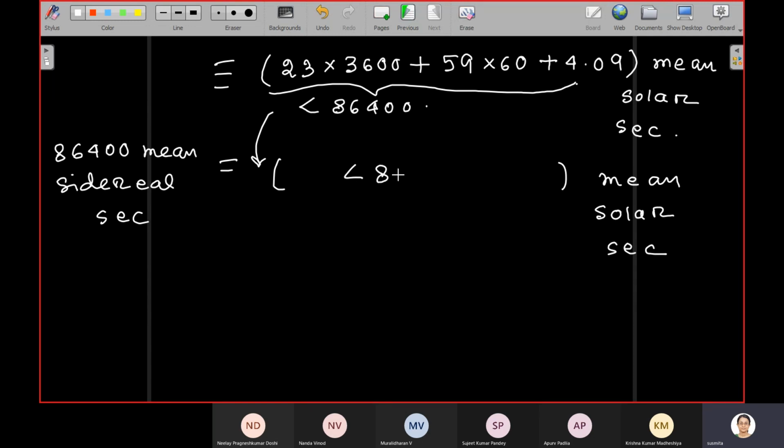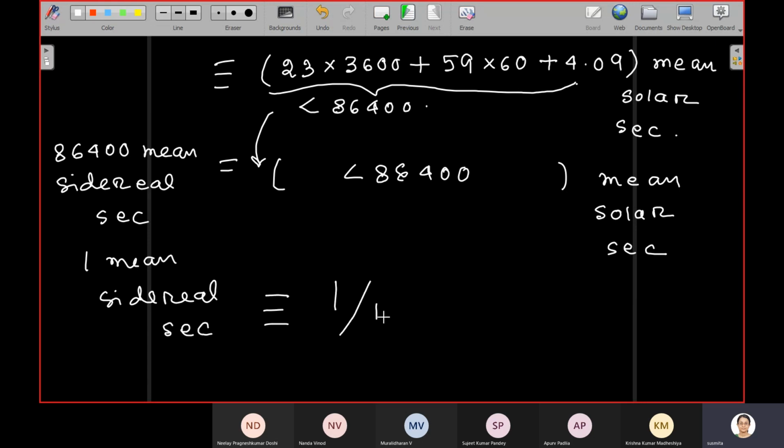And this one is less than 86,400. So 1 mean sidereal second is equivalent to 1 by... okay, so this is how we can relate the sidereal second to the solar second.